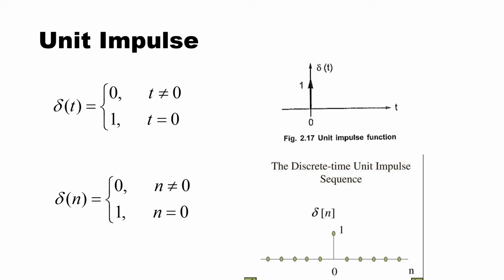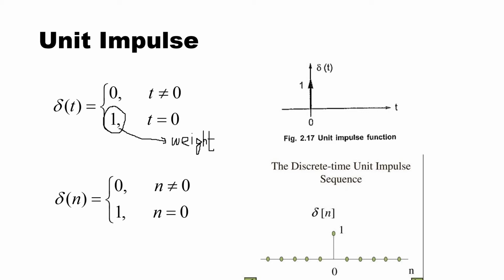The difference is that when we say 1 in case of unit impulse function in time domain, continuous time, this is not the magnitude of the impulse, it is actually the weight of the impulse.